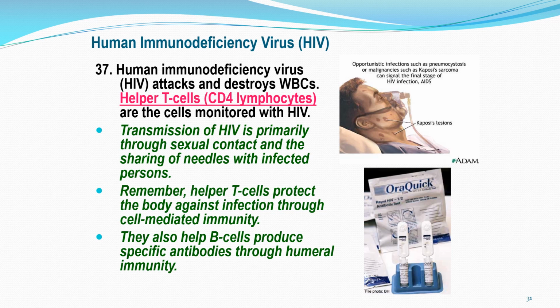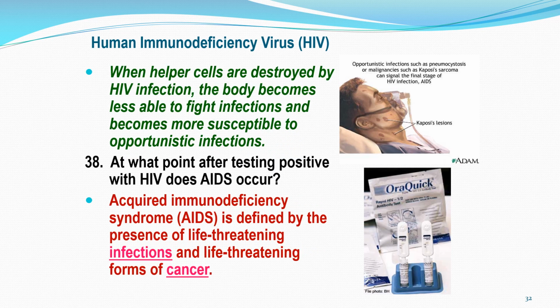Remember, helper T cells protect the body against infection through cell-mediated immunity. They also help B cells produce specific antibodies through humoral immunity. So when helper cells are destroyed by the HIV virus or infection, the body becomes less able to fight infections and becomes more susceptible to opportunistic infections.